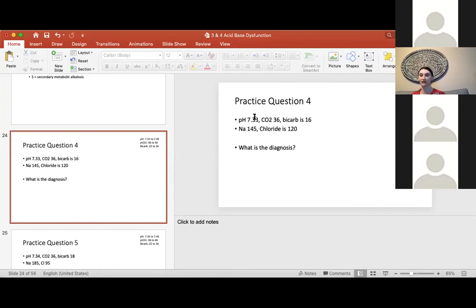So we're acidotic, 7.33. Our carbon dioxide is going to be within our range, normal, and our bicarb is low. So we've got a metabolic acidosis, like you guys said. So let's do Winter's formula. So we have 1.5 times our bicarb, which is 16, plus 8, plus or minus 2.